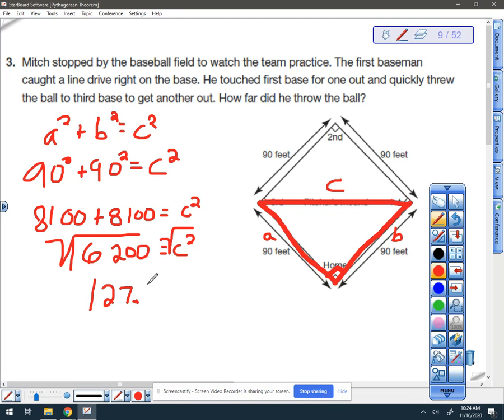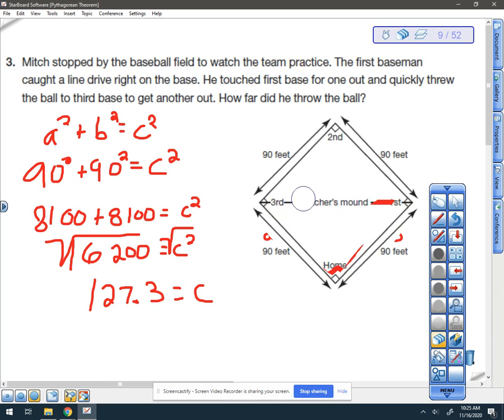So the 7 would make the 2 round to a 3. So how far is it across the field at a Major League Baseball stadium? 127.3 feet if you go straight from first base right over to third base. All right.